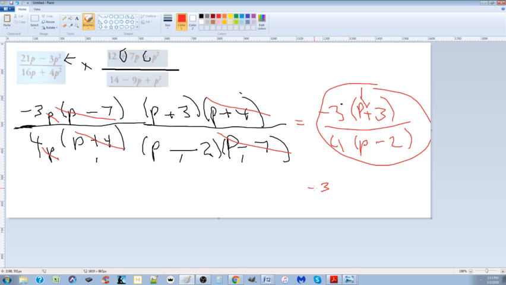So I get minus 3, 3 plus p, so the top works fine. But at the bottom, to get it rearranged, it becomes minus 2 plus p. Well, I didn't want that minus 2 before, so I ended up taking a minus out, and I ended up with 2 minus p. And look at that, these minuses cancel out. So look at that, I ended up with the same answer.